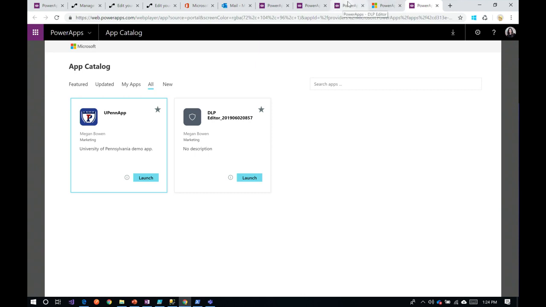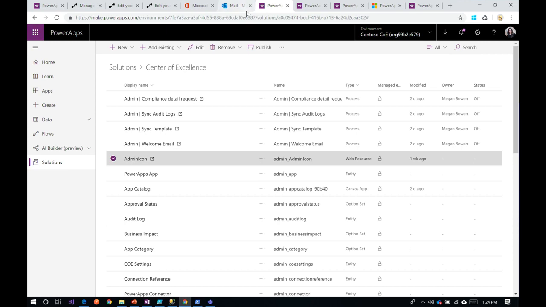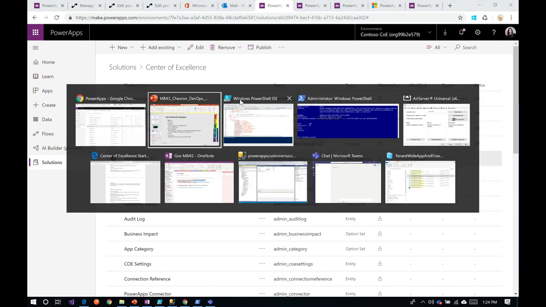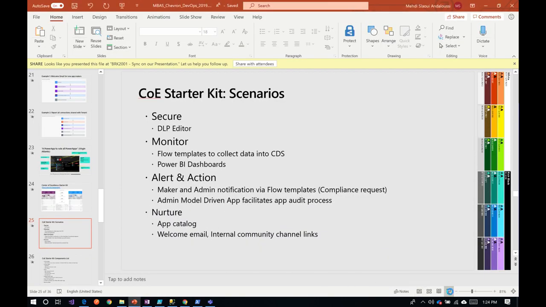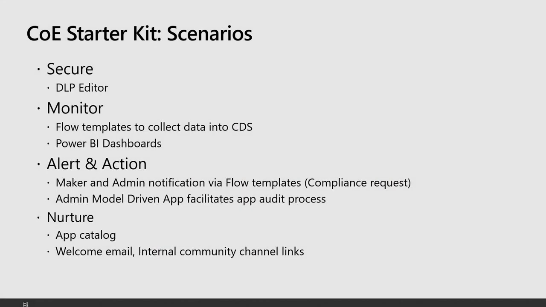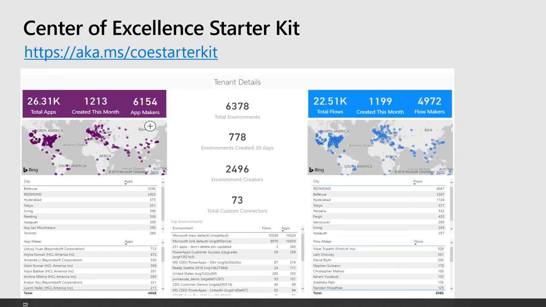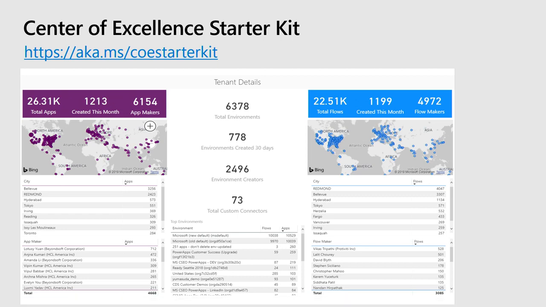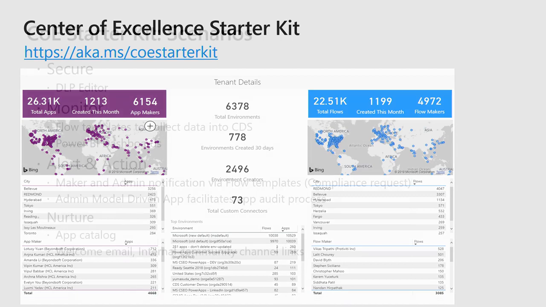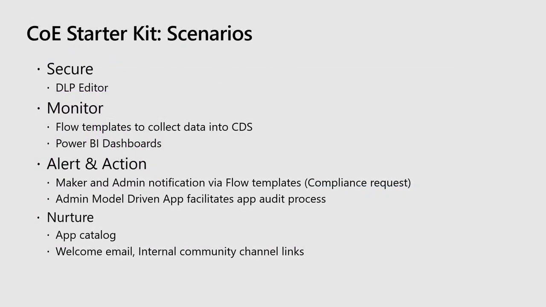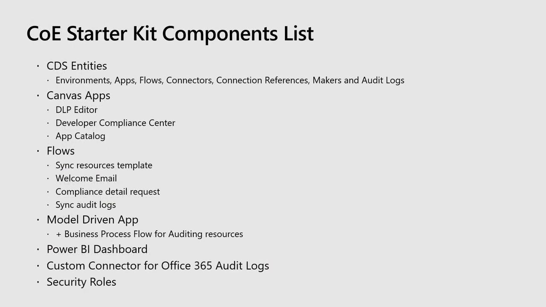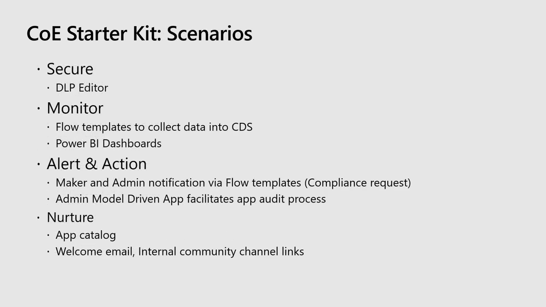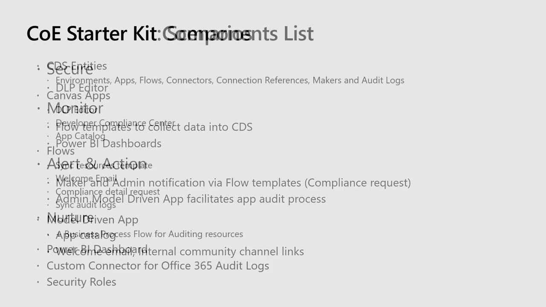Again, I encourage you to go and check out, I'll switch back to the PowerPoint. I encourage you to download the kit and really play with it. It will give you a good starting point example of what you could do with these admin connectors and the PowerShell scripts. Again, there are scenarios we're covering with the starter kit, all around security, monitoring, alerting, nurturing.